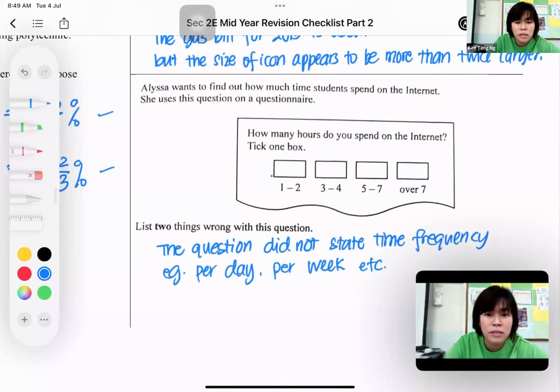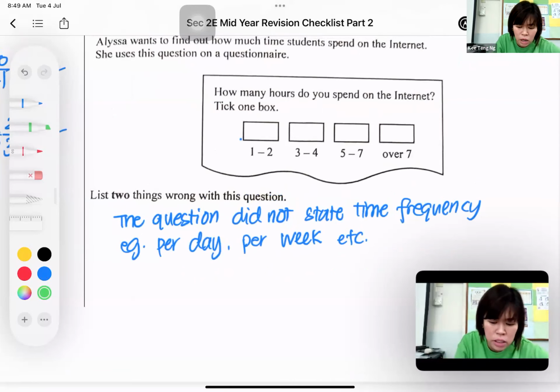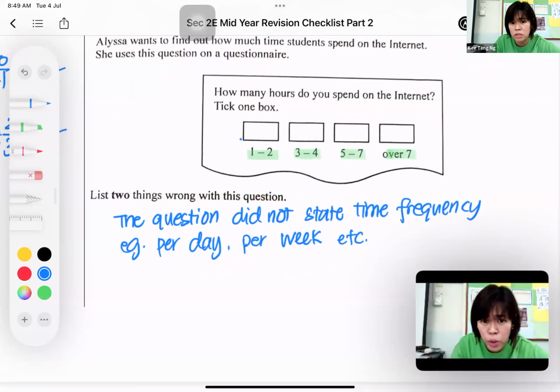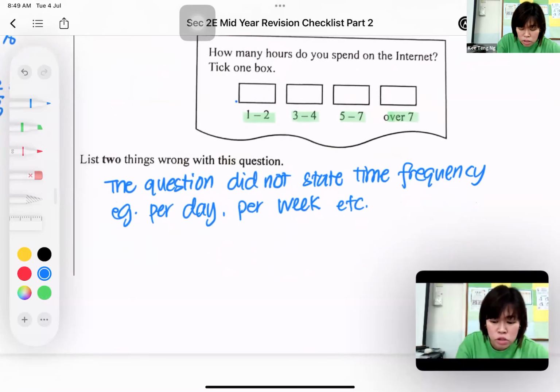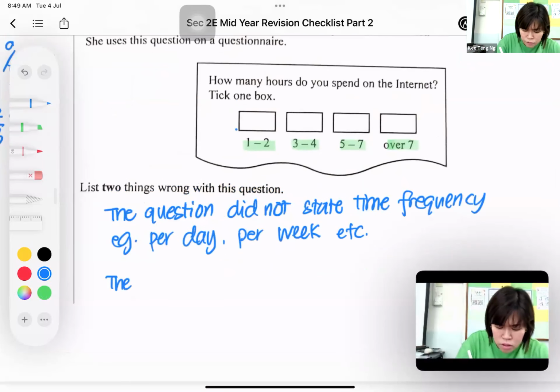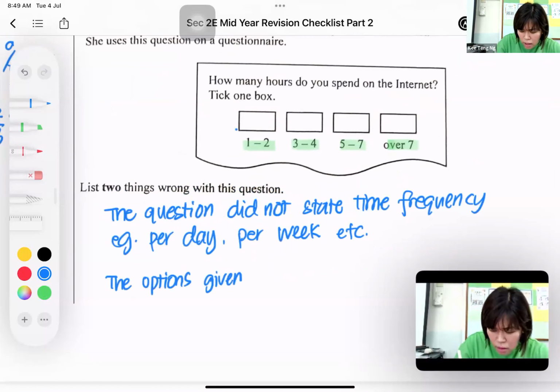So in this case, the time intervals here are considered discrete time intervals. Time should be continuous. So the options given are not continuous.